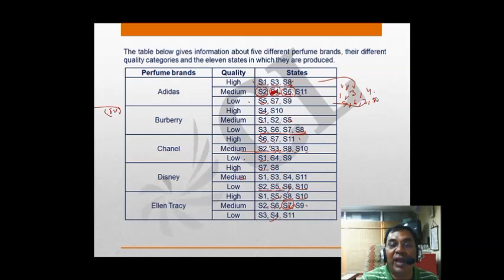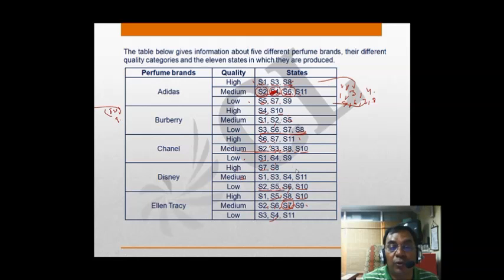So 9, top way, it is not there, not there, not there. 9 will come here because again it is not in high. 10 is here. Medium is here.